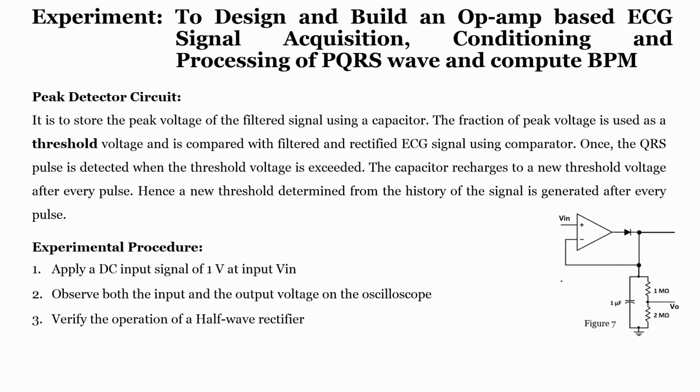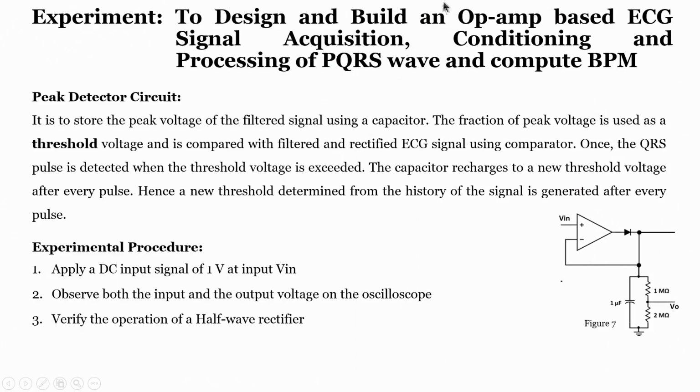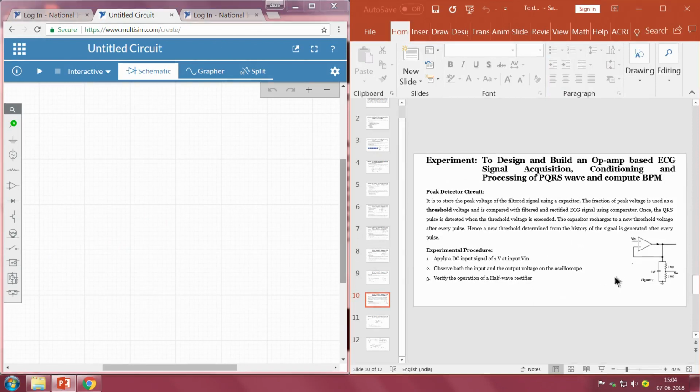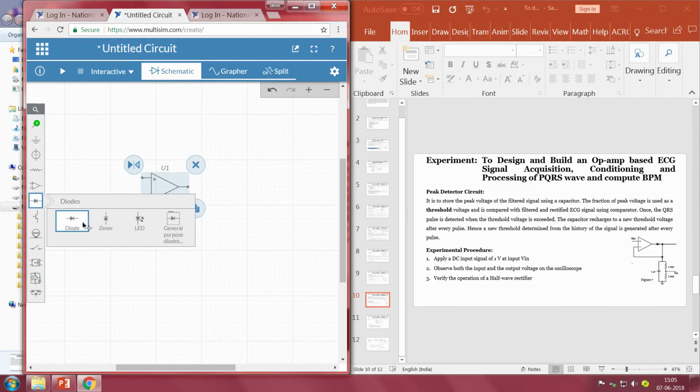So, just open Multisim. Recall the circuit that we have discussed. We need this particular part. So, I will take an op amp, right, and I need a diode, so I will take a diode.